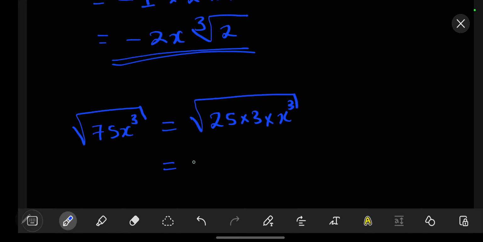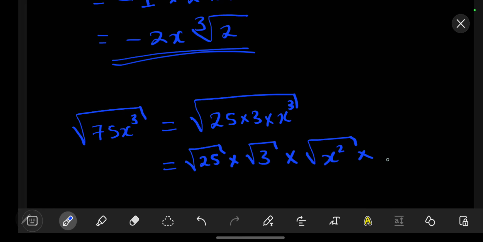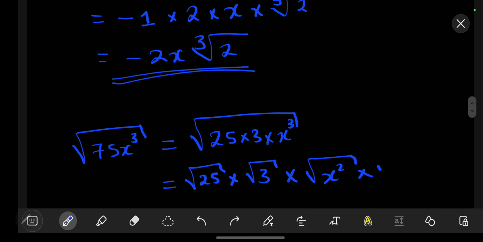This is the same as the square root of 25 times the square root of 3 times, with this x, the square root of x squared, times the square root of x.